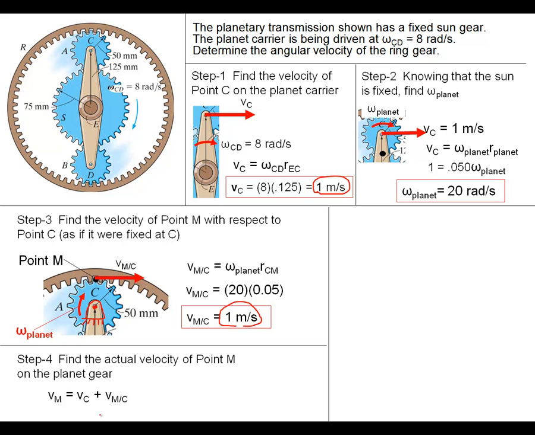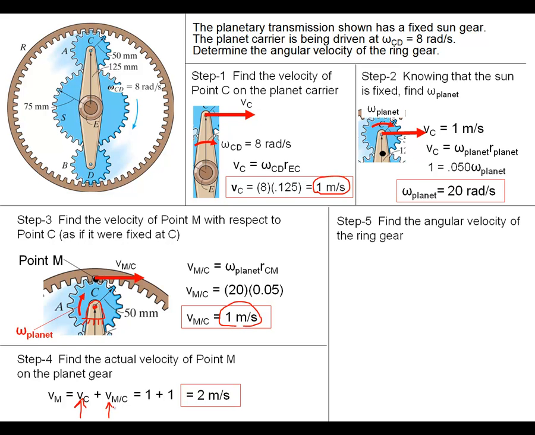We will say the velocity of M is the velocity of C plus the velocity of M if C were fixed. So that's superposition. We're superimposing the translational component on top of the rotational component. So we see that the actual velocity of point M is 2 meters per second.